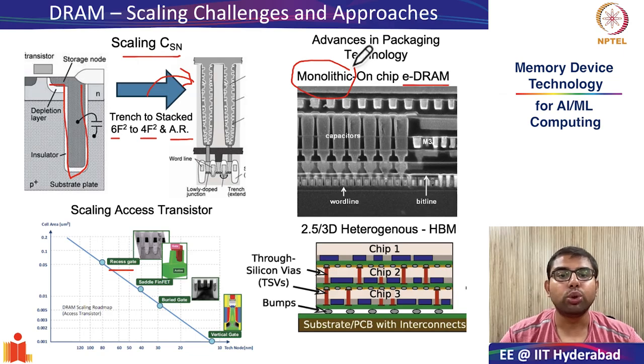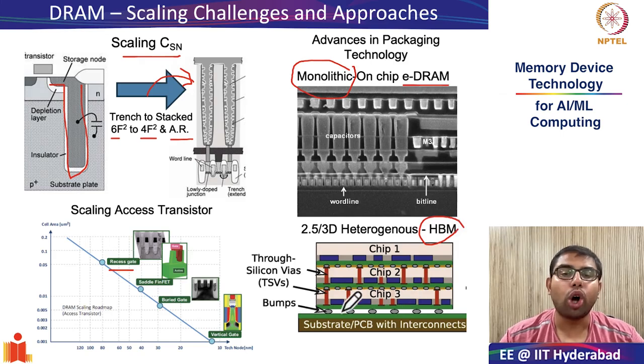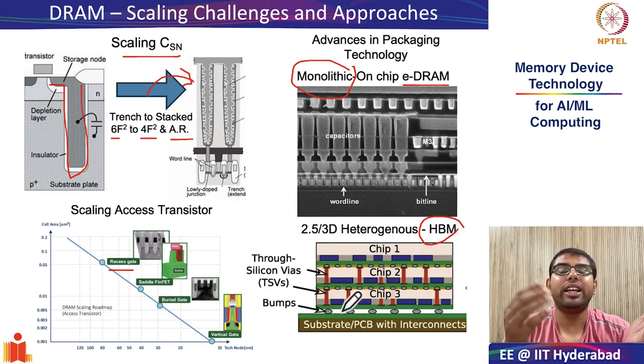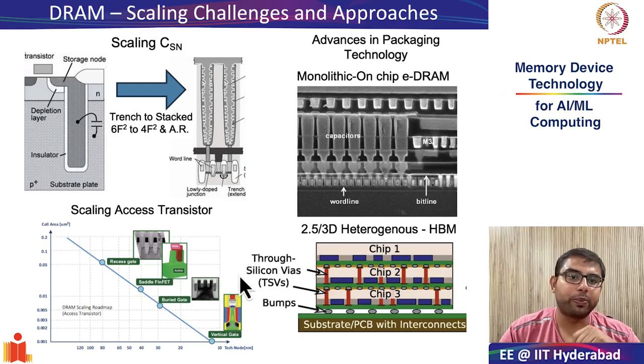Whereas using 2.5D or 3D heterogeneous integration, we were able to have the concept of high bandwidth memory, where logic chips and DRAM chips, which were fabricated using entirely different processes, were integrated through TSVs or through silicon vias.